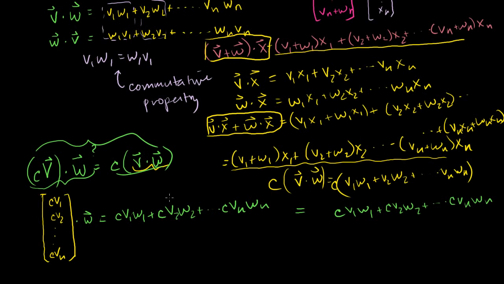And it only took me a little while. They just wanted me to write that down. They didn't want something earth-shattering. They just wanted me to show that when you go component by component, and all you have to do is assume the distributive or the associative or the commutative property of regular numbers, you could prove the same properties also apply in a very similar way to vectors and the dot product.